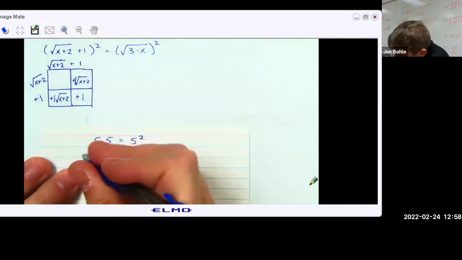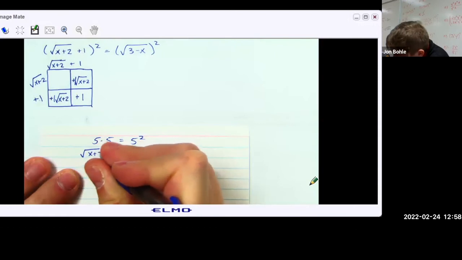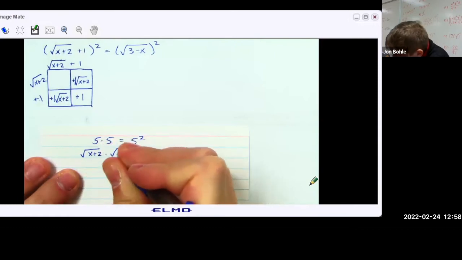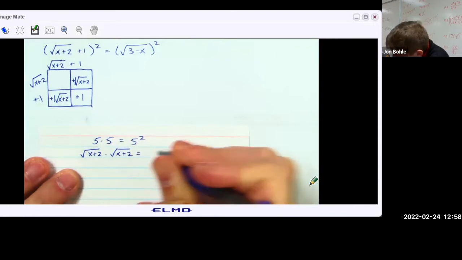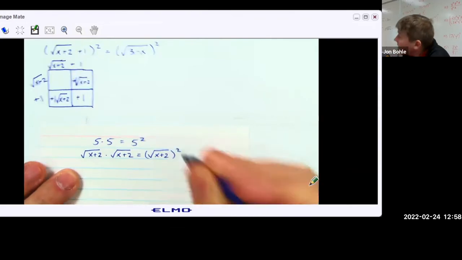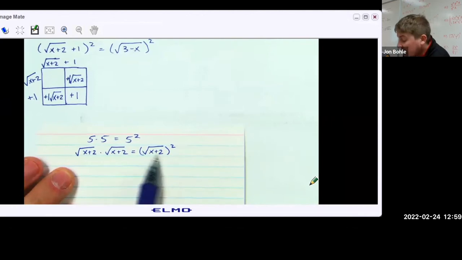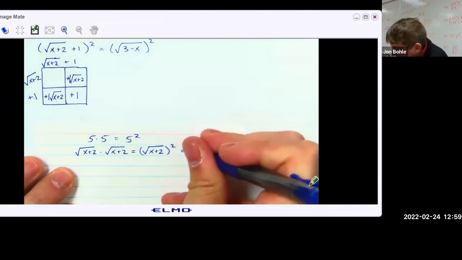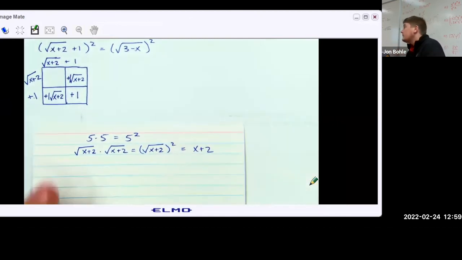So that means if I take the square root of x plus 2 and I multiply it by the square root of x plus 2, theoretically, that means that's the square root of x plus 2 squared. And what do we know about this? When I multiply by itself, that's what squaring is.